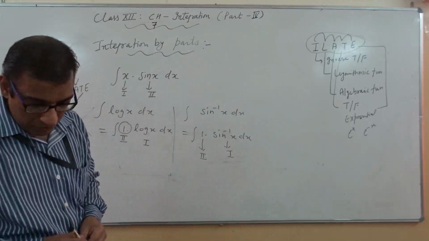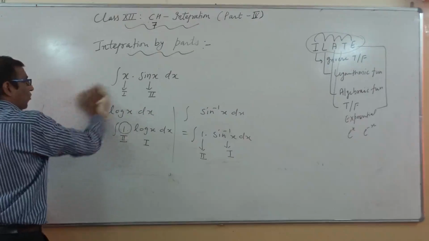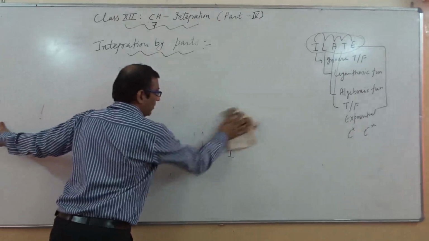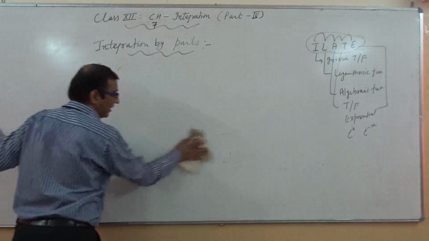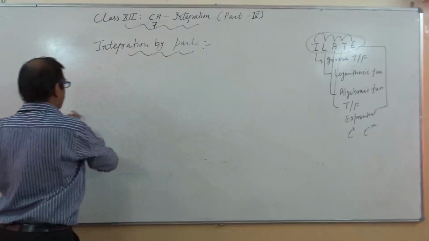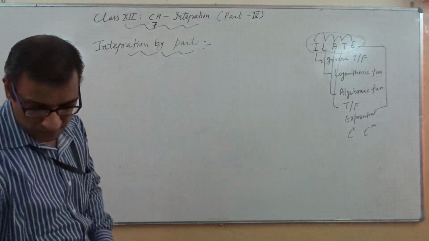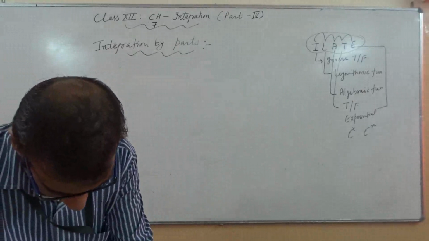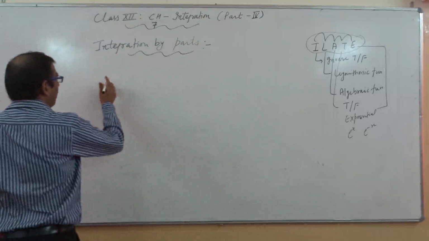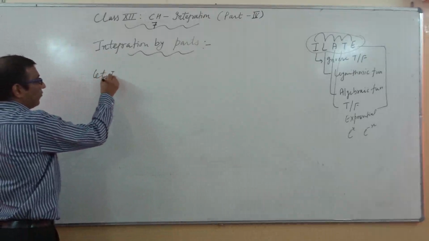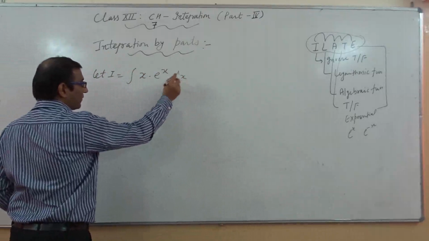Now I am taking one question related with ILATE, and we will solve it with the help of all these explanations. For example, the question is to integrate x into e raised to the power x.